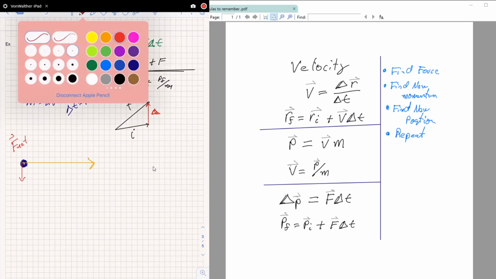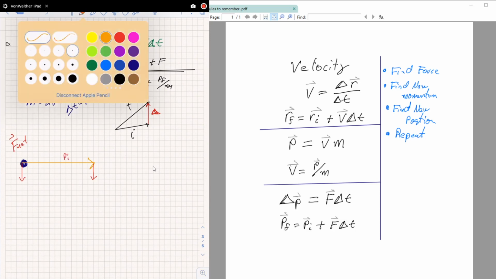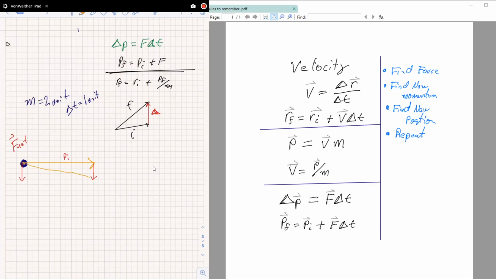So all I need to do then is, here's my object, here's the net force, 3 units down. So here's my momentum initial. And so applying net force to that over a time unit of 1 gives me a final momentum in that location. Cool. So I've applied the net force to the momentum, and it has changed the momentum. The momentum has shifted down because there's a force being applied to it.